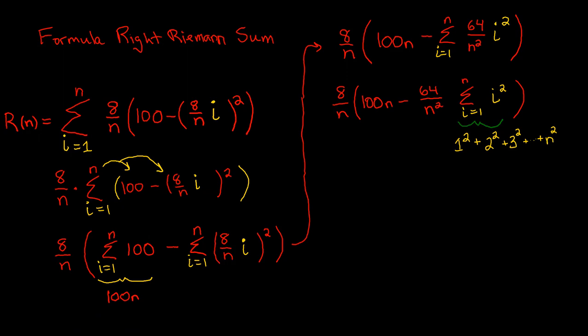So what we've got now is 8 over n times 100 times n minus 64 over n squared. And now this crazy summation that we had, we can now replace it by that formula that the mathematicians discovered.